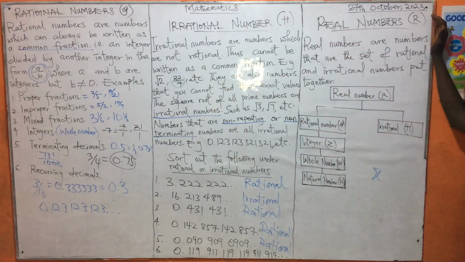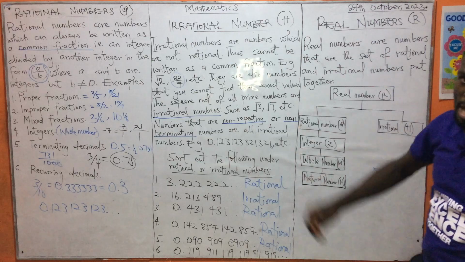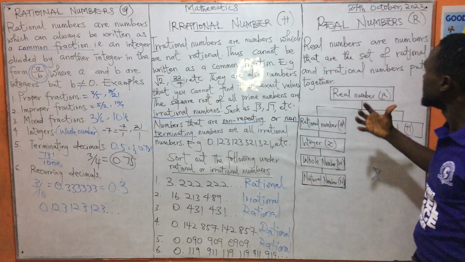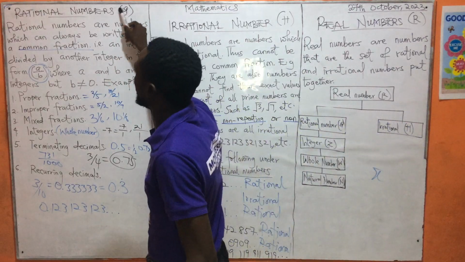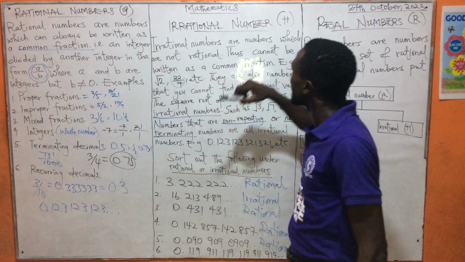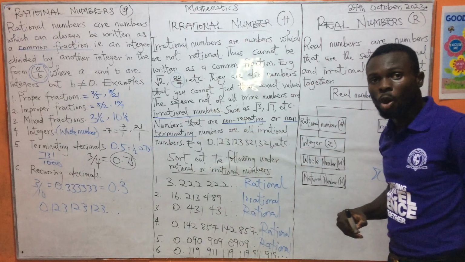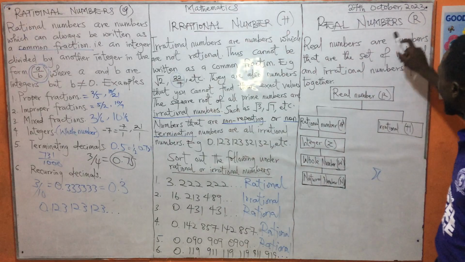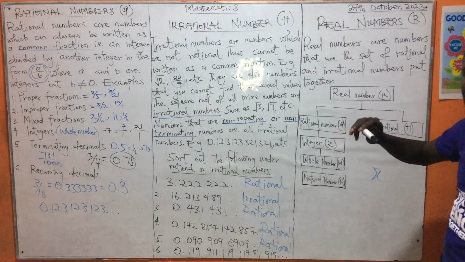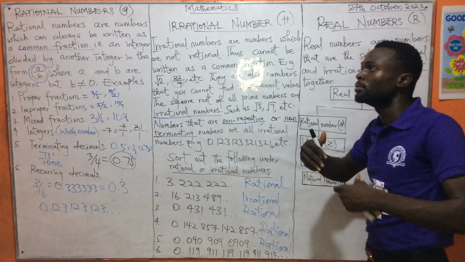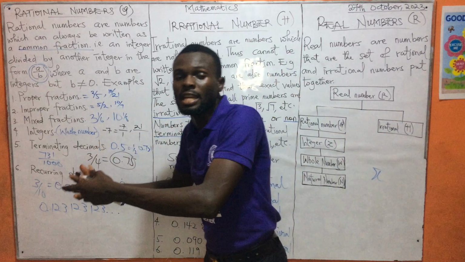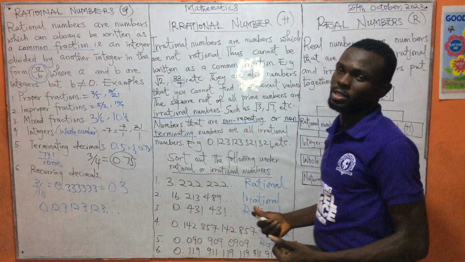Let's look at the last one for today, which is real numbers. Now you can see that I've written Q for rational numbers, H for irrational numbers, and R for real numbers. They are the denoted letters for the numbers.